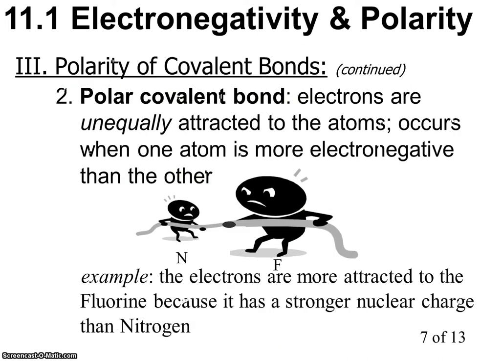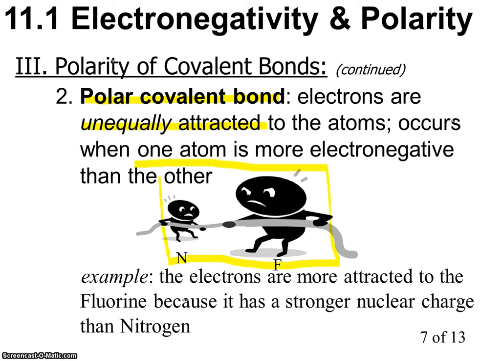Now if you have two different nonmetals, now you're going to have a polar covalent bond because electrons are going to be unequally attracted to the atom. So in this example you have nitrogen and fluorine, which we saw earlier, and we already knew that fluorine was more electronegative.